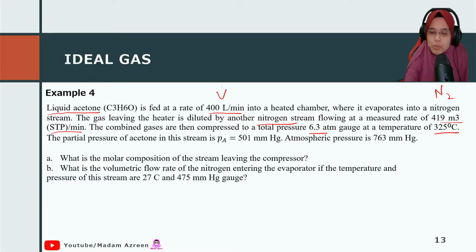And then the partial pressure of acetone in this stream is this one. The atmospheric pressure is this one.